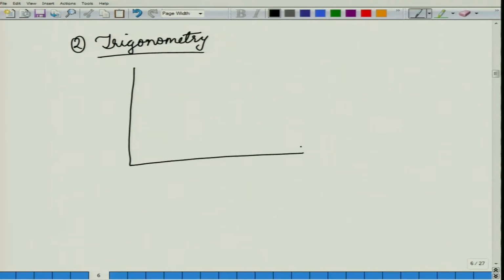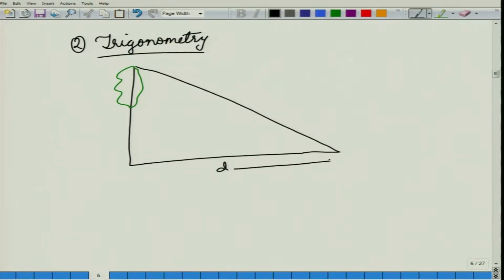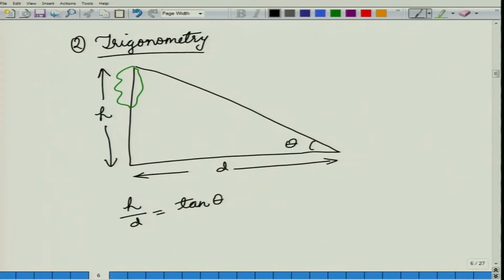So, what we do in the case of trigonometry is, suppose this is our tree and we can measure the distance d from the tree to a point of observation, and if we can measure this angle theta and we want the height of the tree, we can use the relation h upon d is equal to tan theta, which will give us h is equal to d tan theta.